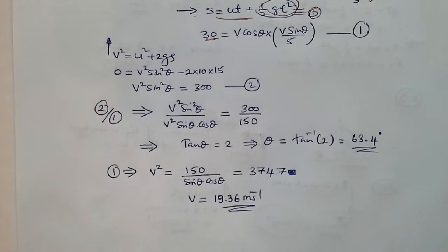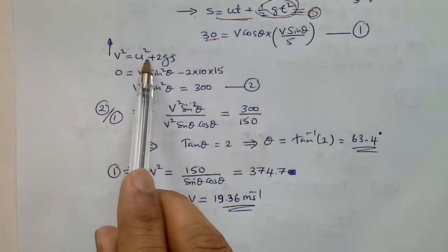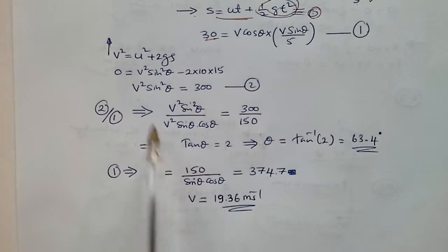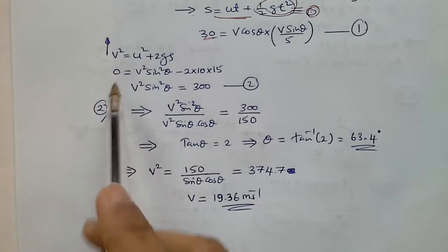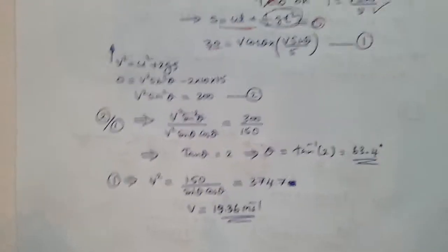So I'll take this formula, v squared is equal to u squared plus 2gs. I'll use it in the upward direction.